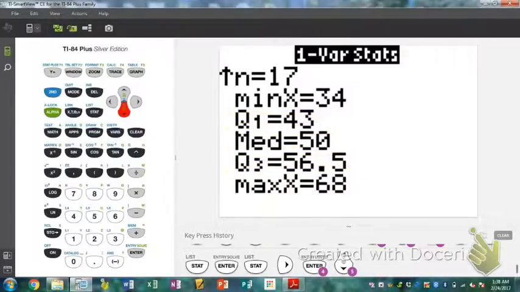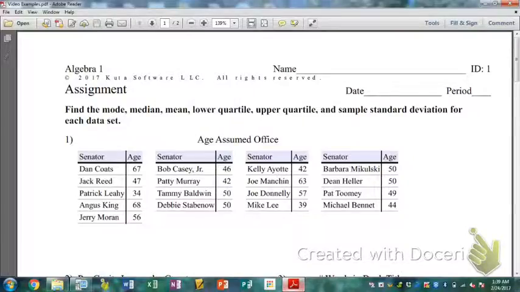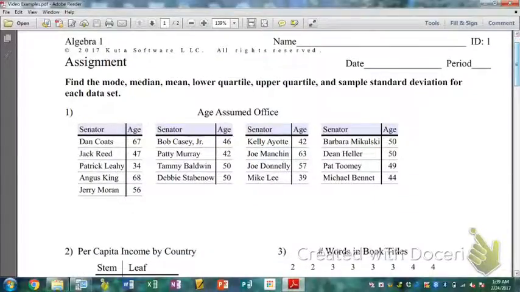Okay? So we're going to go back to our work. We're actually going to write these in, and I'm going to show you what it should look like when you write that in. So the mode on this one was 50. Sorry, I haven't showed you how to do that one yet, but it is 50. We're coming back to that one. So we have median on our calculator. It gave us 50 beside MED.